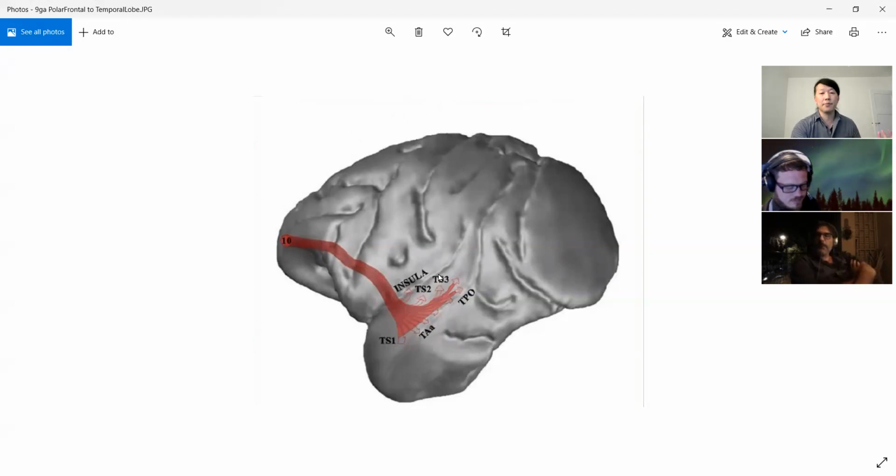Now, this is really important because the superior temporal gyrus is involved with language processing, spoken language, and the very tip, the polar temporal cortex, this bit here, has been called the semantic hub. So this is where all concepts and language become meaningful.